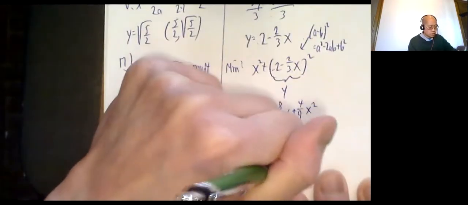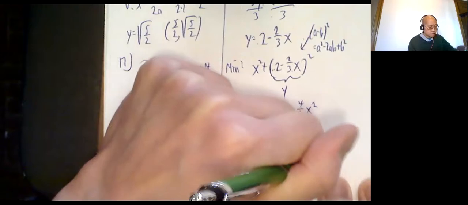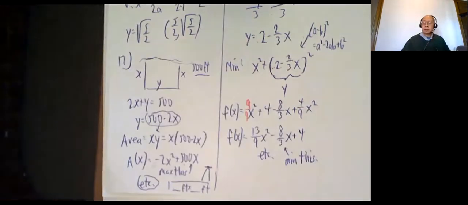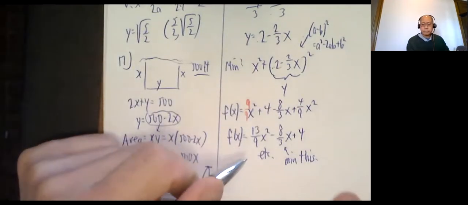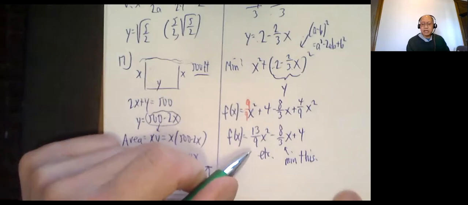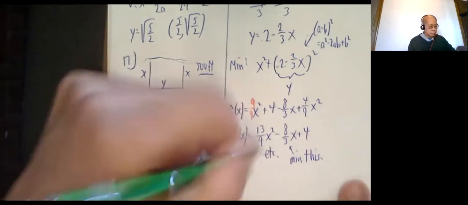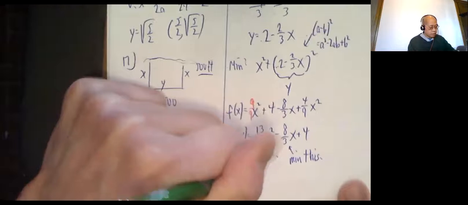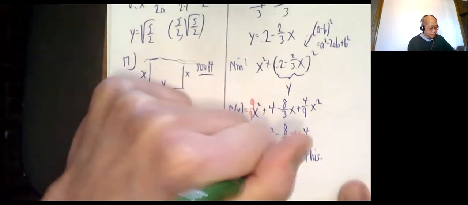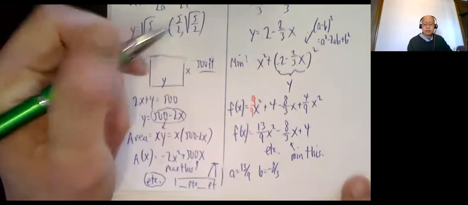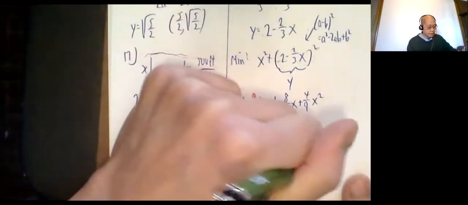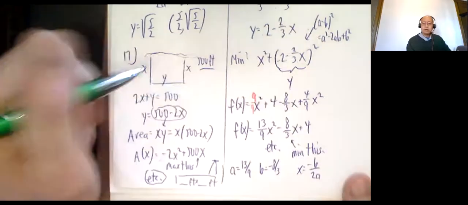And again, I'll just say etc. You're trying to minimize this. Okay, and basically I'm done. You do have a very messy a and b, but you can live with it, hopefully. a is 13 over 9. b is negative 8/3. Plug into x is negative b over 2a.